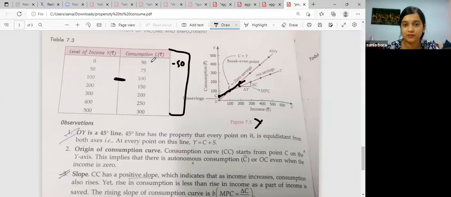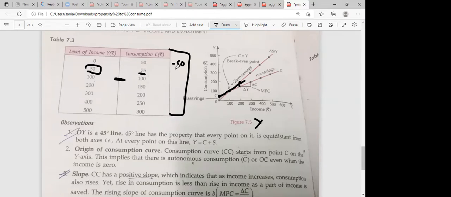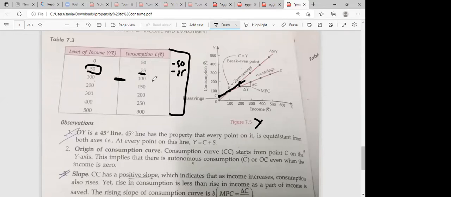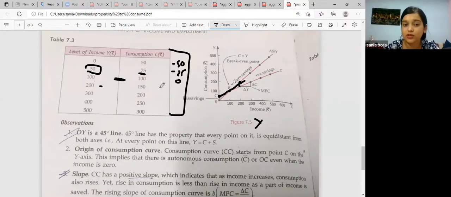Why? Because of course your income is 0. Here you are earning 50 rupees, but your consumption is 75, so the saving is minus 25. Then at 100, it became 0. Here 150 you are using, so it is 50, like this. You can find it out, right?